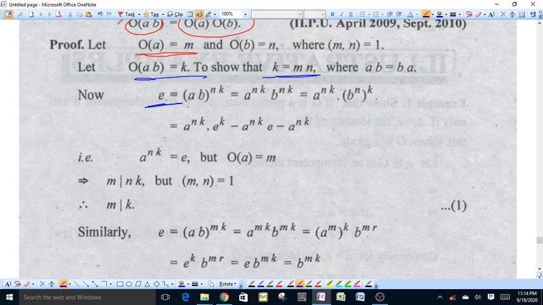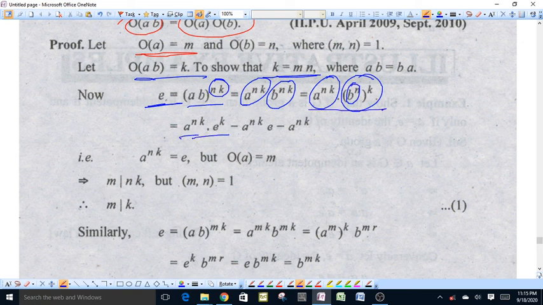E is equal to (AB) raised to power Kn, which will be equal to A raised to power Nk, B raised to power Nk, that is A raised to power Nk, (B raised to power N) raised to power K, because the order of B is equal to N, therefore B raised to power N will be equal to E. This will be equal to A raised to power Nk, E raised to power K, which is equal to A raised to power Nk.